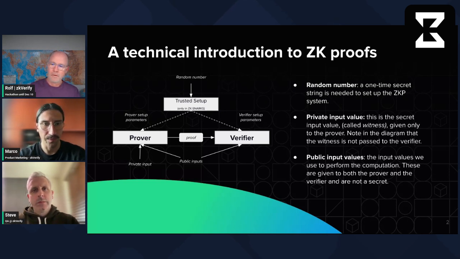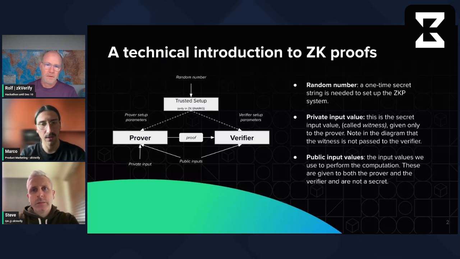But going back to the main actors, the prover and the verifiers, we have some inputs that are given to both of them. For the prover, we have the private input, that is the secret that we want to keep private and not to share with anyone else. And oftentimes it's called a witness, and it's basically what we would like to prove some claim, some statement upon.